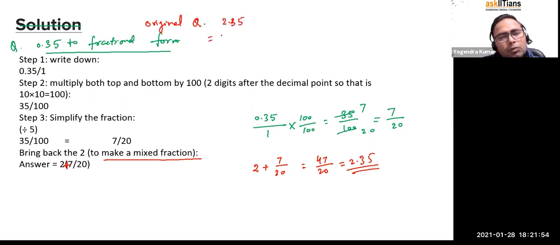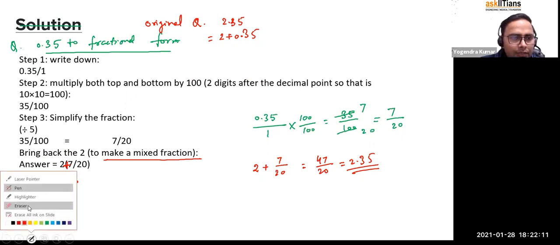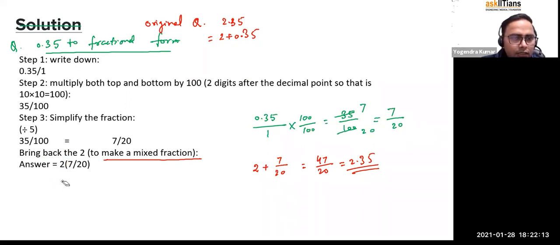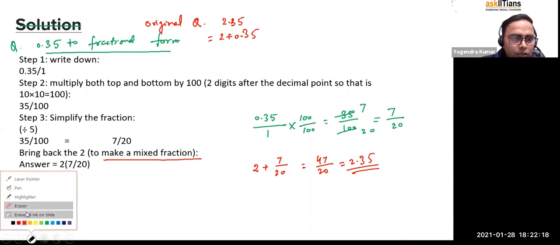So we can write 2.35 as 2 plus 0.35, and you do 0.35 separately and add the 2 back. I know there is no mistake here, but what are they trying to say? That this number is written like this. I hope you're not getting confused.